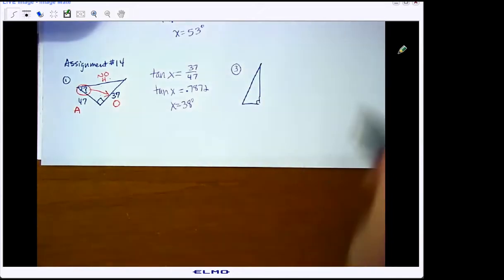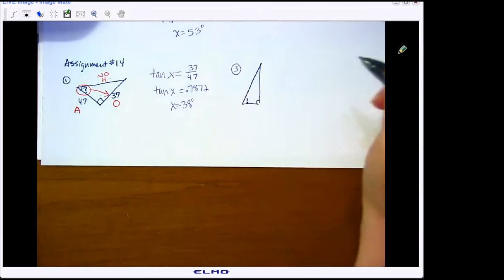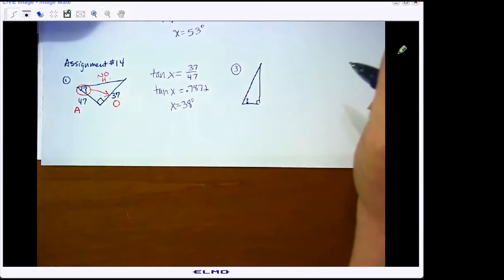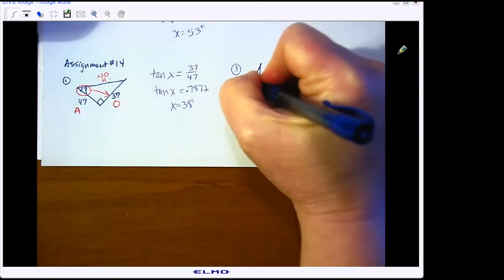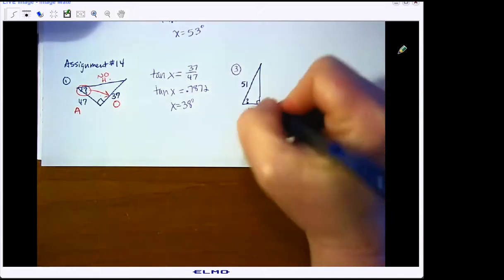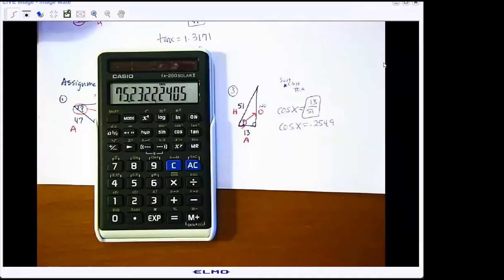So here's our angle down here. This side is 13. And this one is 51. So go ahead and put in the chat box. Are we going to use sine, cosine, or tangent?